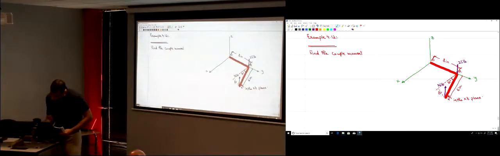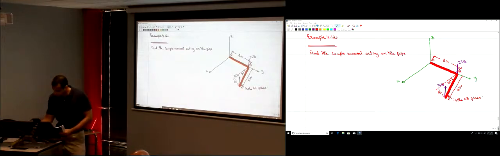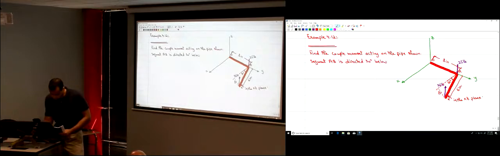So find the moment of that couple acting on the pipe shown, and the information we have here: segment AB is directed 30 degrees below the XY plane.